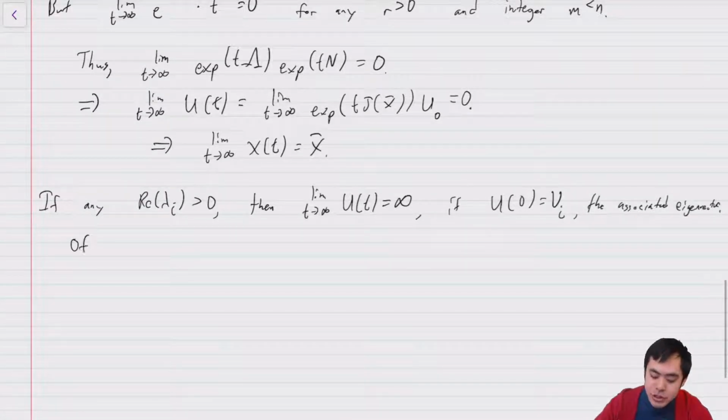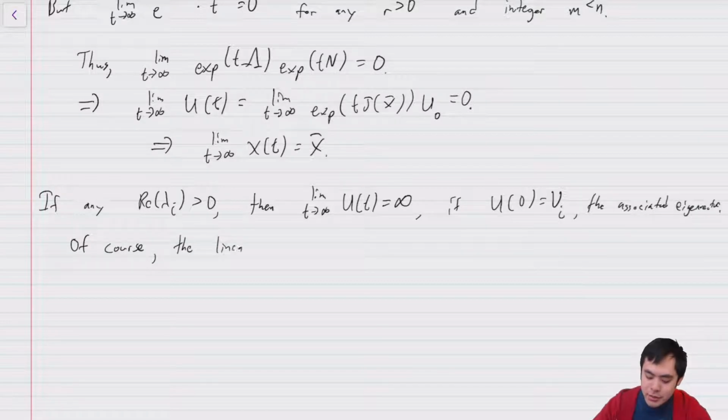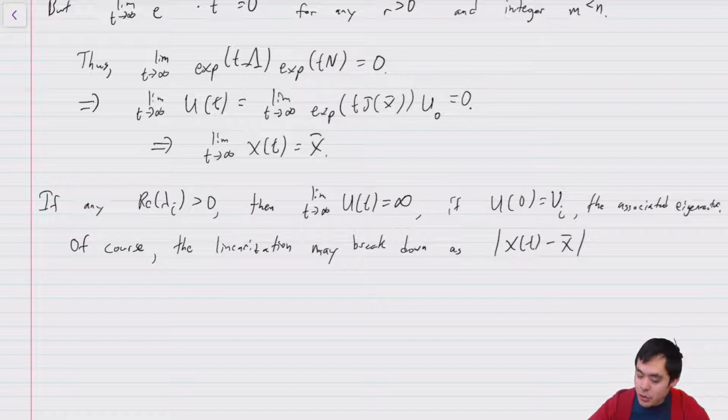Of course, the linearization breaks down as you get further and further away from x bar. So you can't actually say it goes to infinity because this is only a local result. So the linearization may break down as x of t minus x bar, the distance from your equilibrium, grows.